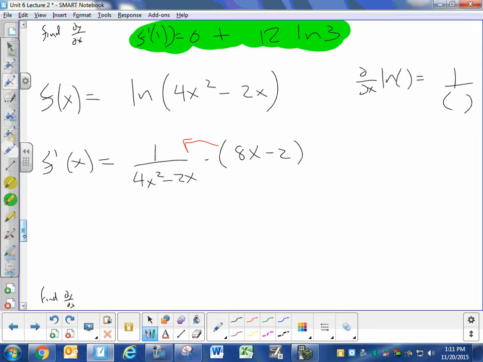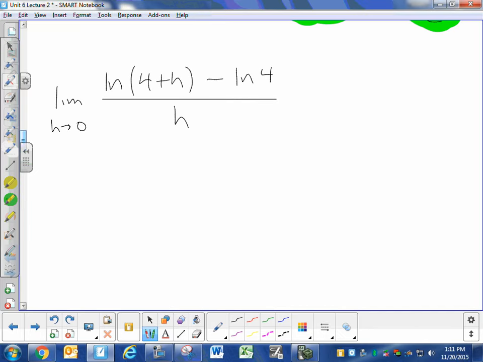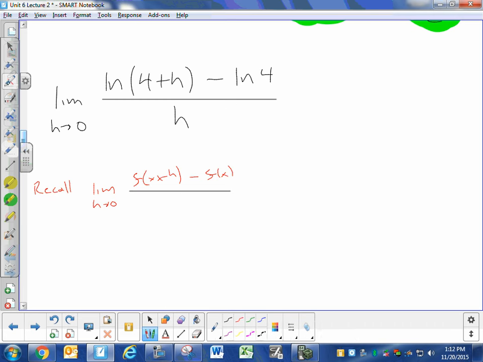Okay. Now you might see these limit questions like this. But these aren't limit questions like the other limit questions that we did. These are actually derivative questions, because you need to recall that this limit is the definition of a derivative. This is the same as asking what is the derivative of my function.